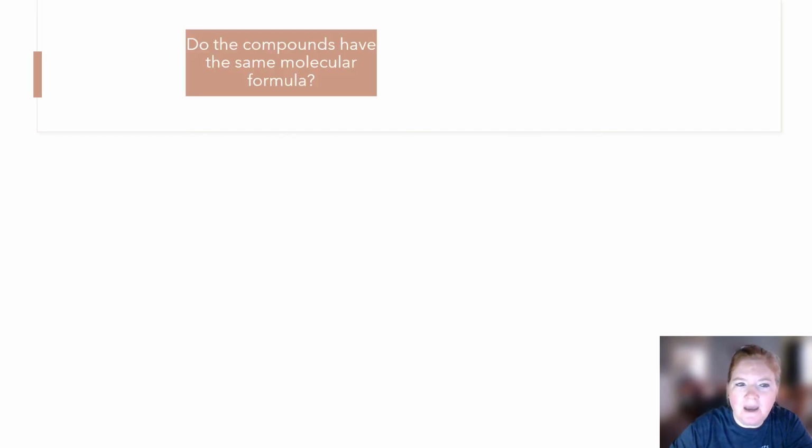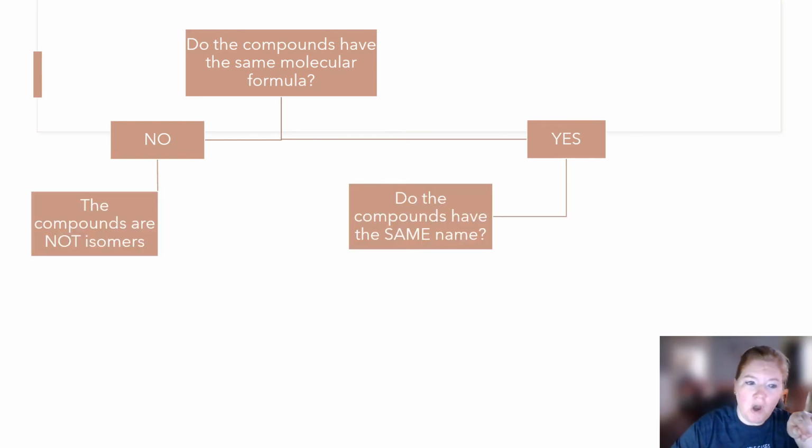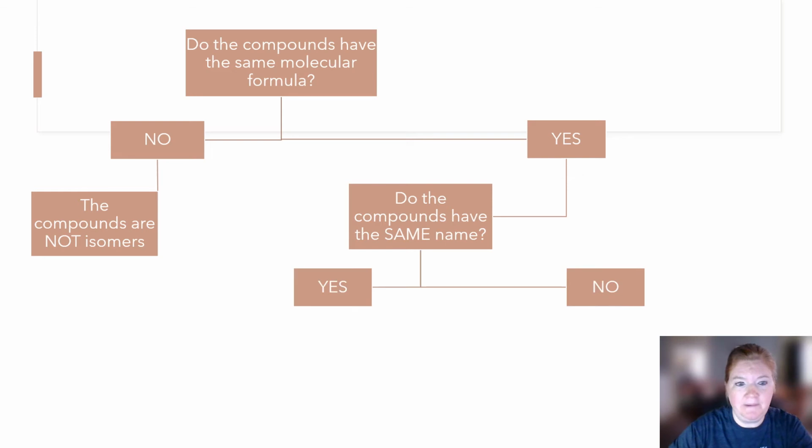So do the compounds have the same molecular formula? You have to say yes or no. If it's no, they're not isomers, period, end of story. If they do have the same molecular formula, do they have the same name? Yes or no?